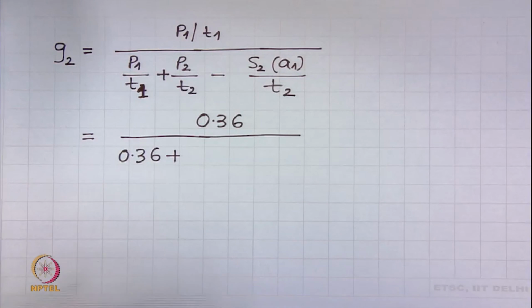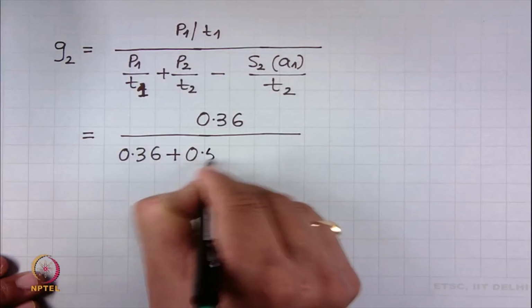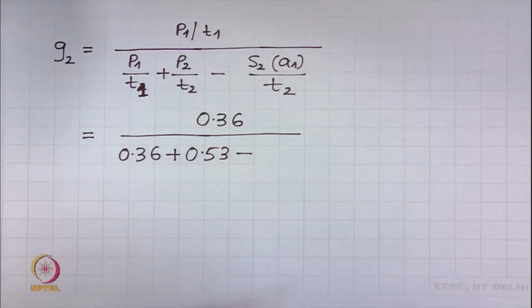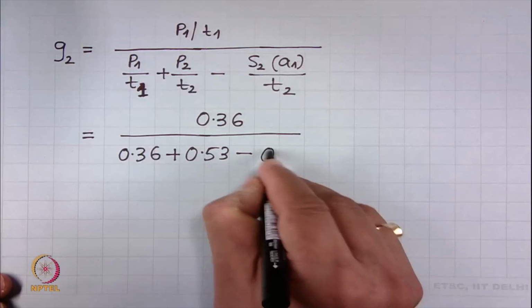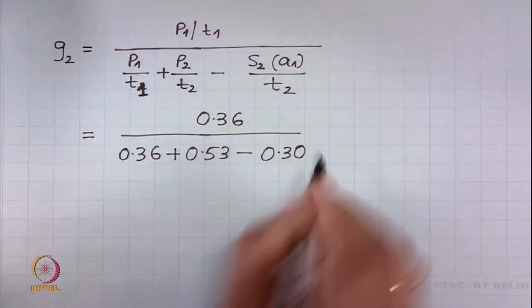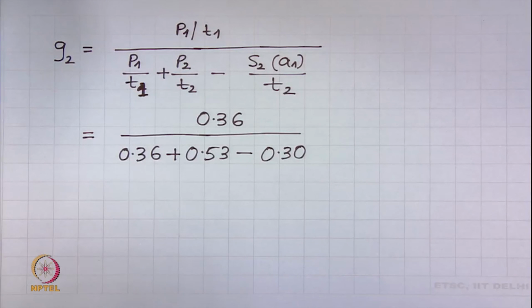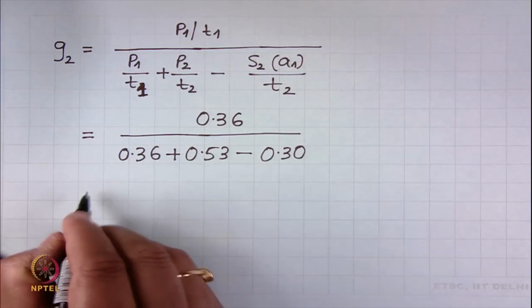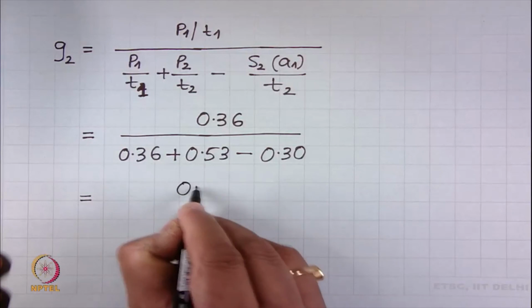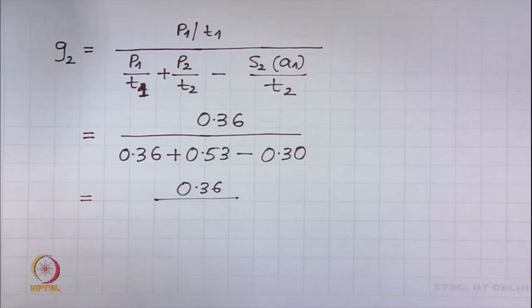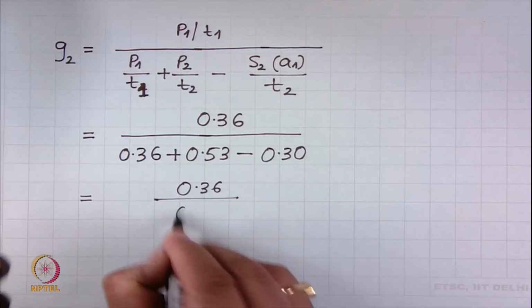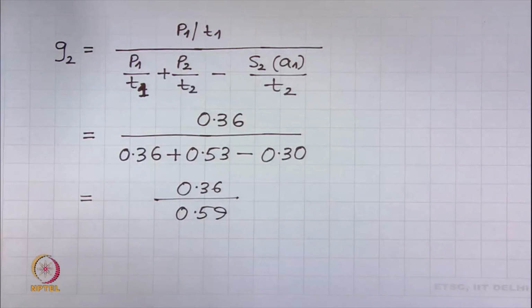P2 by T2 is given as 0.53 minus S2A1 by T2 is given as 0.30, right. So, what will be this value? 0.36 divided by 0.59.